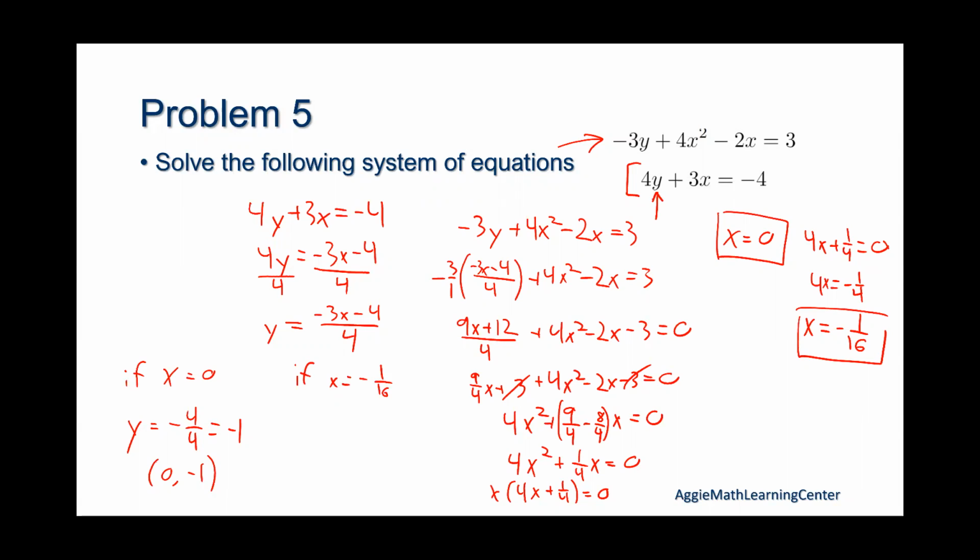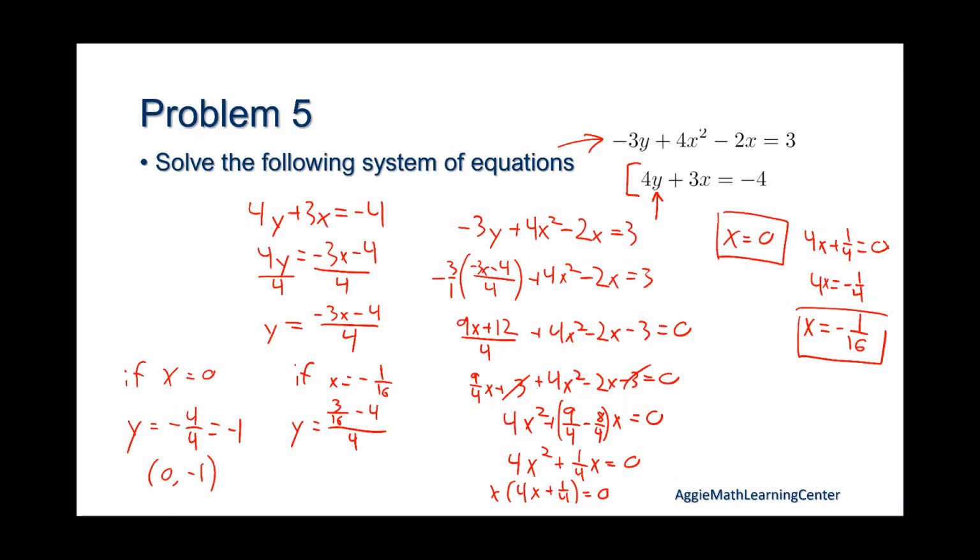Our other one, if x equals negative 1 over 16, then we're going to get y equals negative, so negative times negative 1 over 16 times negative 3, the negatives cancel. So we just end up with positive 3 over 16 minus 4 over 4.